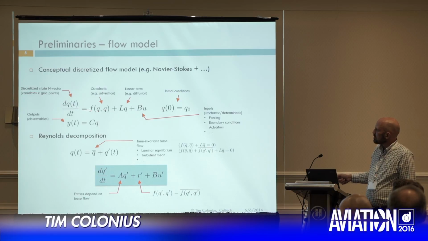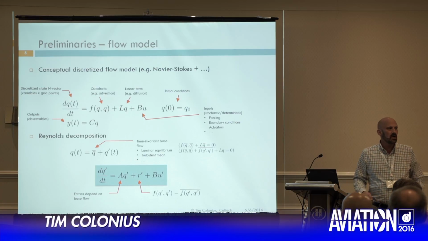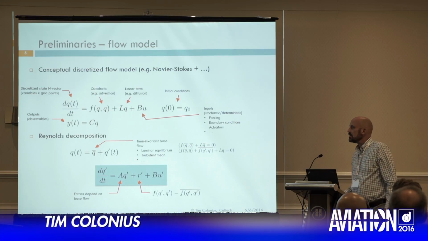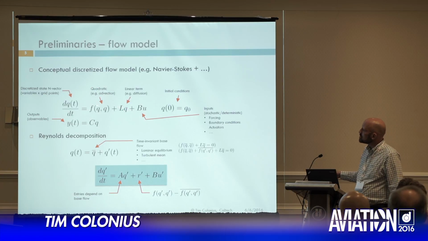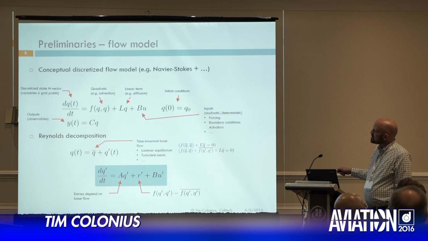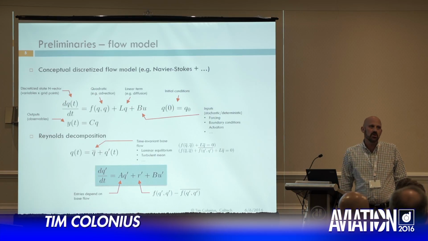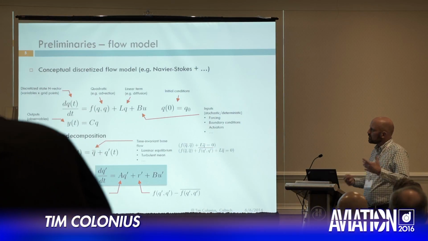So the governing equations are basically simple in this form. We have the time rate of change of the flow variables is given by a quadratic nonlinear term. So this is the advection in the Navier-Stokes equations, plus a linear term, typically just a linear diffusion term. And then because we've discretized the equations, we have here an input term. So these inputs could represent different things, either in an experiment or in a flow simulation.